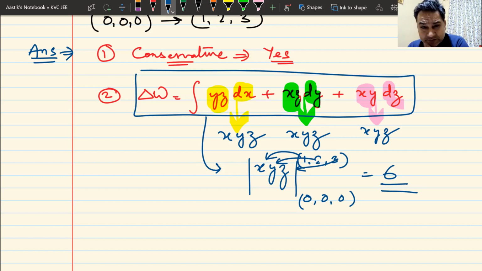The most difficult problems can be done in the most simple way. But if you have not done this problem before, it becomes very, very difficult to do in the examination hall. So I have done my part. We are done with conservative forces and non-conservative forces. We have seen how you find out whether the force is conservative or not. I have told you almost all types of forces that I know. And trust me, 90% of those forces will never come in your exam.